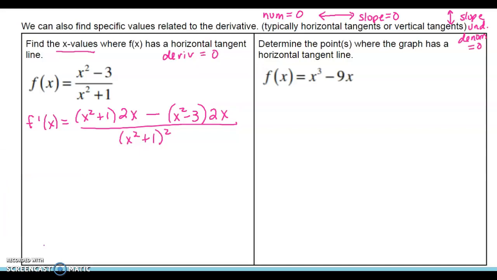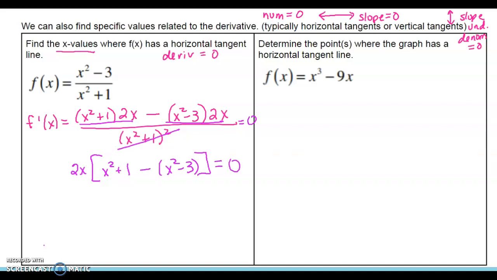So if we're setting this derivative equal to 0, we could really multiply by the denominator. That's why the denominator is irrelevant. So I could distribute, but I'm actually going to factor out a 2x, just a different strategy, because I have these two terms and they both have a 2x in common. So then I'm left with x squared plus 1 minus that x squared minus 3.